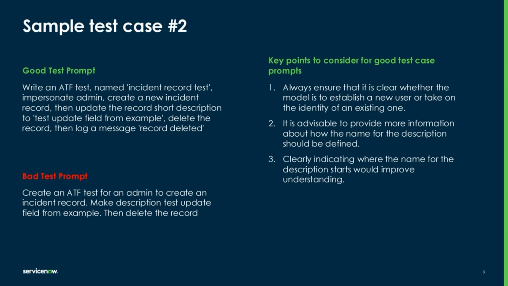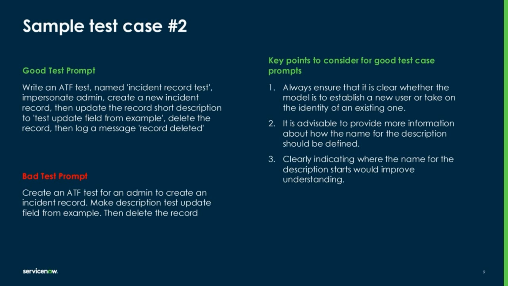Here is a second case. Let's look through this. Write an ATF test named incident record test, impersonate admin, create a new incident record, then update the record short description to test update field from example, delete the record, then log a message saying record deleted. You can shorten that to the one shown at the bottom here, but a bunch of information is then missing.